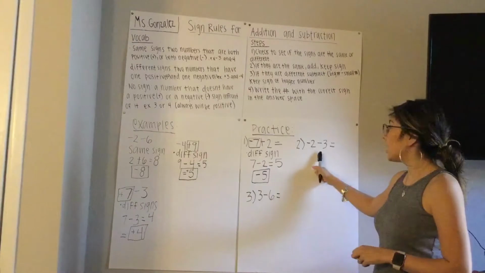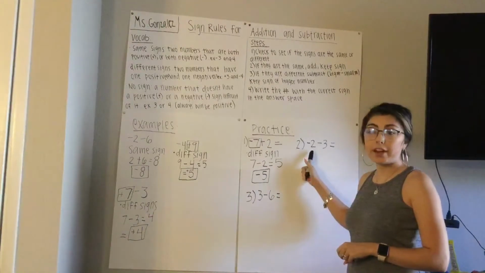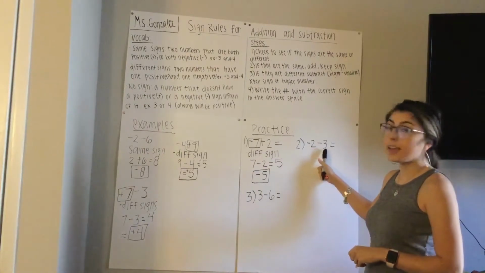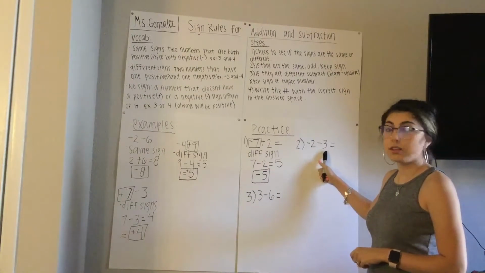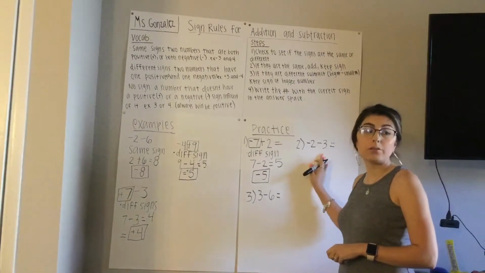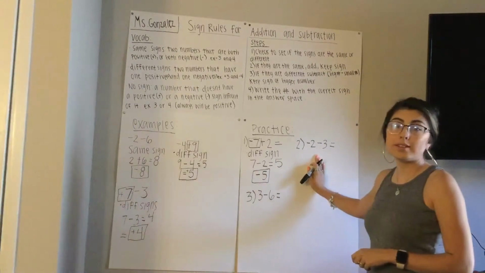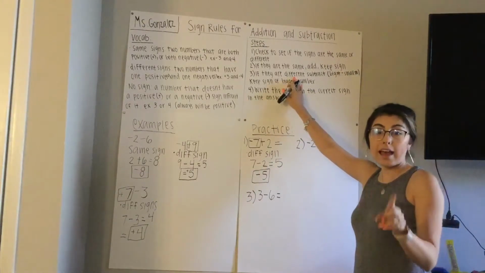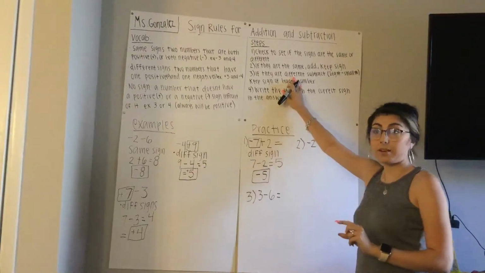Alright. Number 2, what do we have here? Negative 2 minus negative 3, correct? Okay, so what do we have? We have 2 negatives. That's going to be the same sign, right? And what do we do when it's the same sign according to our step 2 here? That's right, we're going to add and we're going to keep the sign.